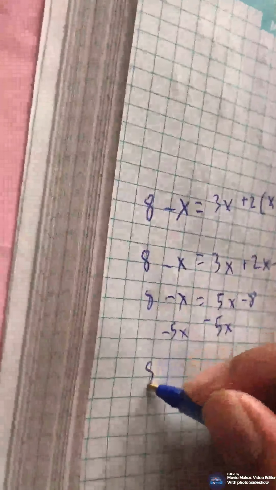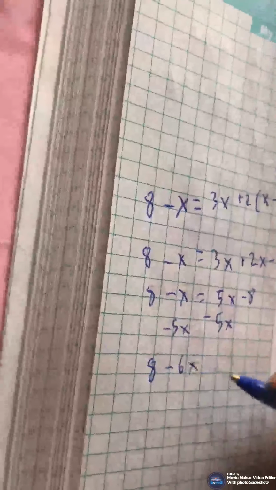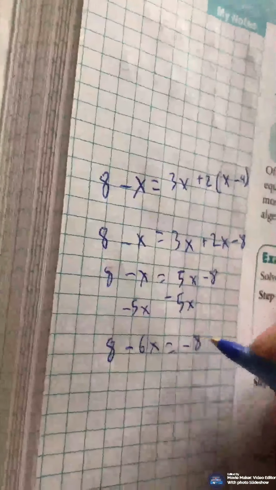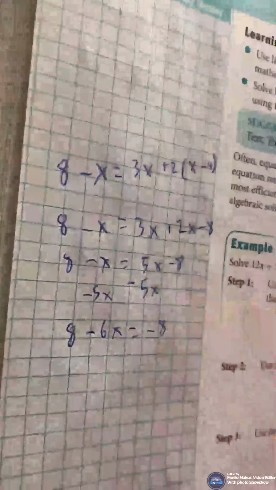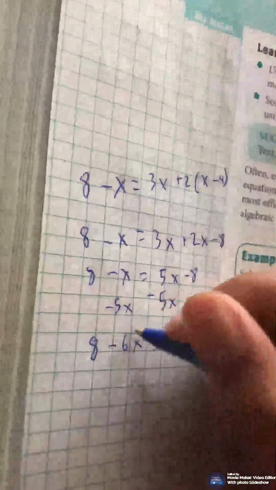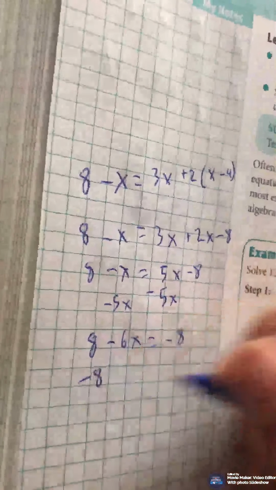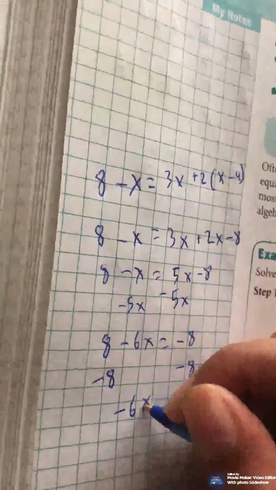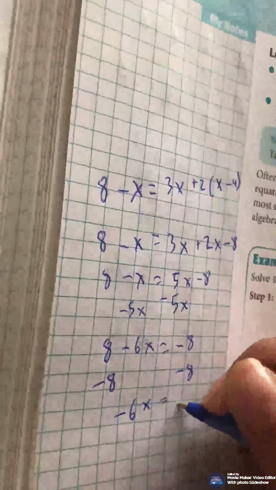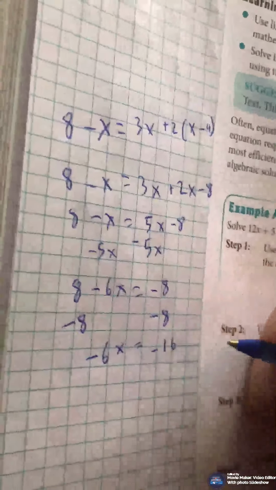That will lead us to 8 subtract 6x equals negative 8, and then we'll subtract 8 from here and put it here, because then we can isolate this term. Subtract 8, subtract 8. That will give us negative 6x equals negative 16.